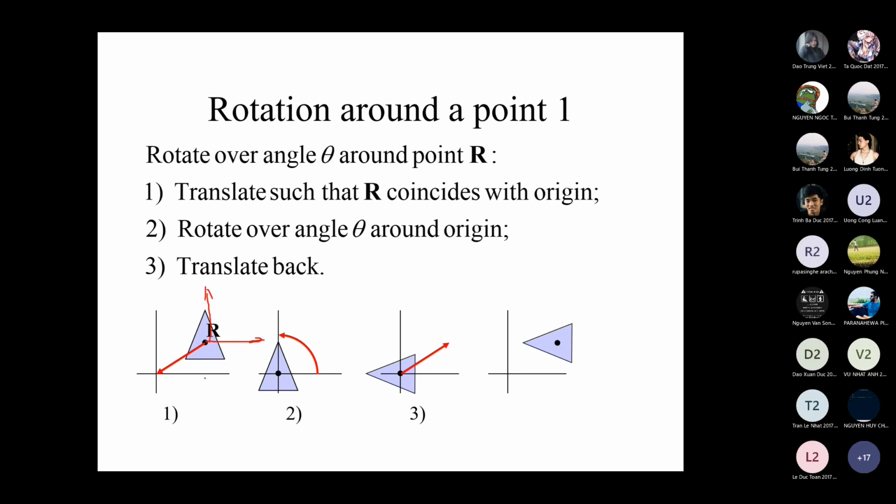And after that, we rotate over an angle of theta around the origin, and here we have the form of the matrix.